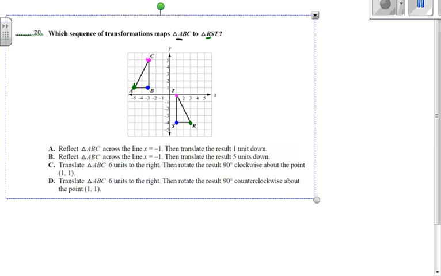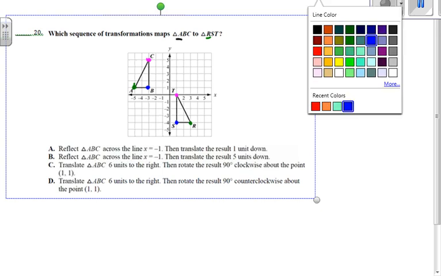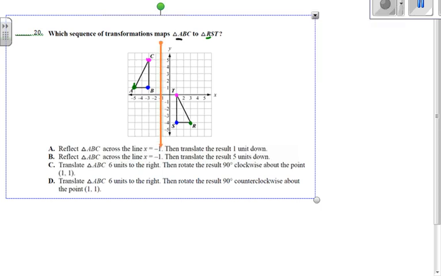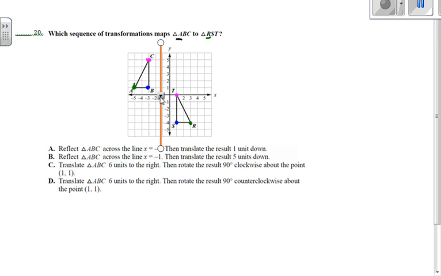The first one, it says reflect across the line x equals -1. Let's just go ahead and add a line here. If you are reflecting this across the line x equals -1, let me just kind of move it over a little bit. Alright, there's the line you're reflecting over.